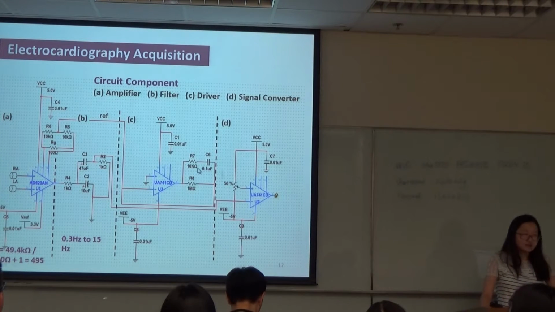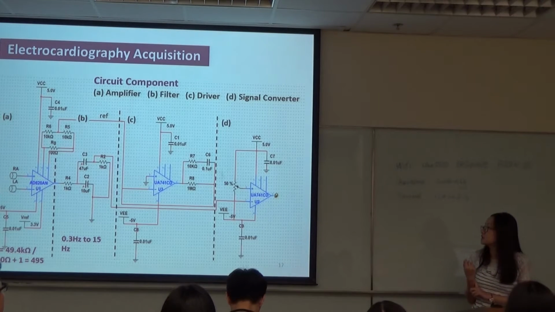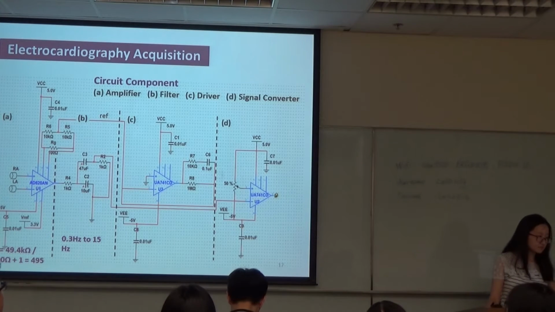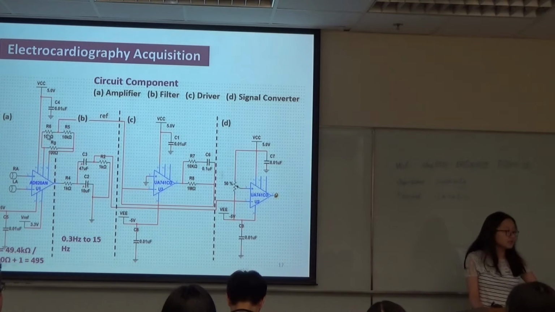This part is a driver part, because the distance for the signal to transmit from the heart to the waist where we monitor is too long, so we added a driver part to our circuit. R5 and R6 provide the average of the voltage of the positive and negative electrodes, and it's the inverting input part of the driver also.